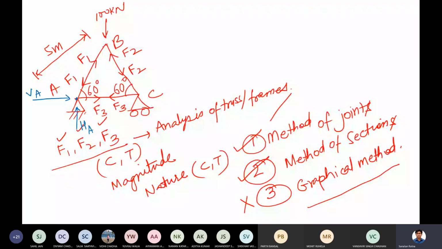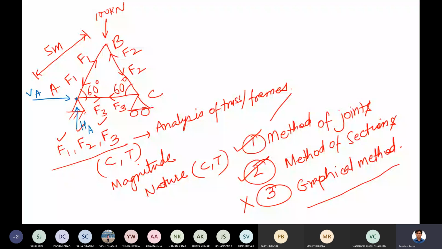Yes, sir. Now let us determine the values of VA, HA. Forget about the internal forces. Internal forces we will consider later. What will be summation Fx is equal to 0? Please tell me. Someone please form the equation for this.